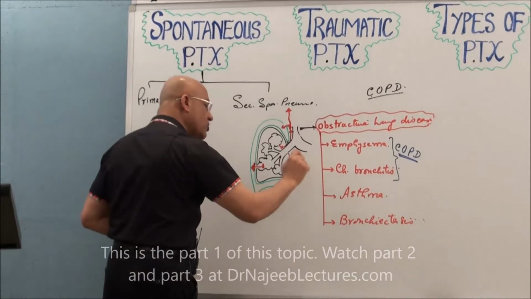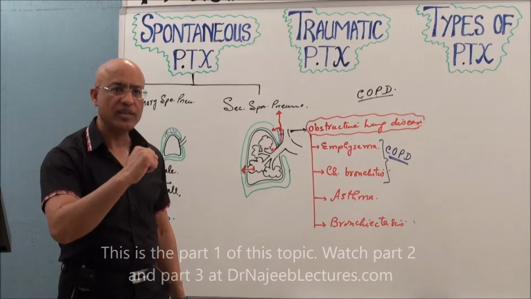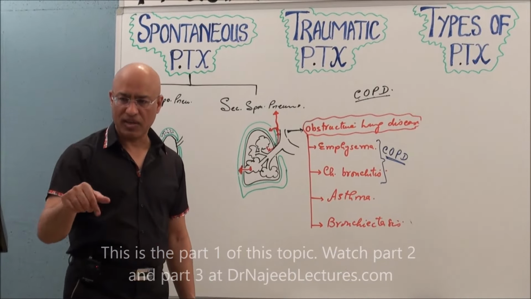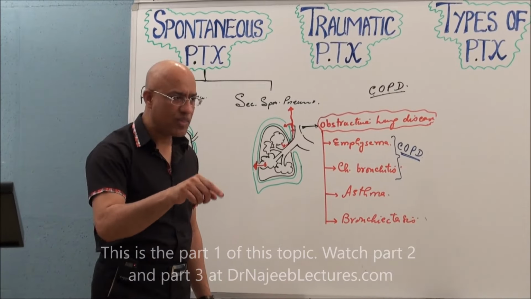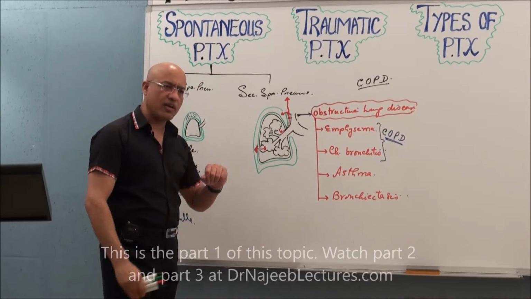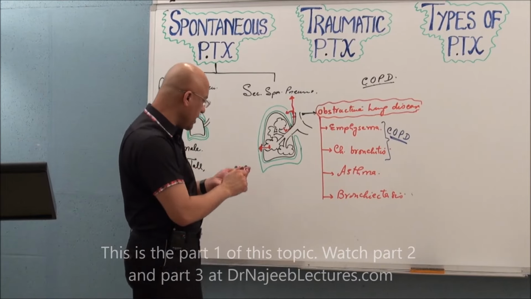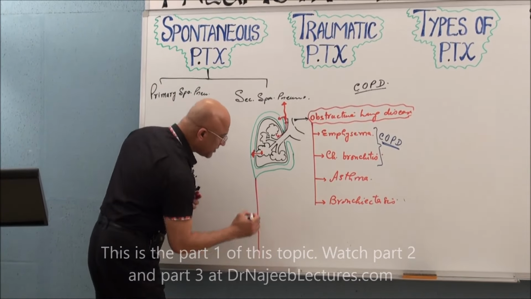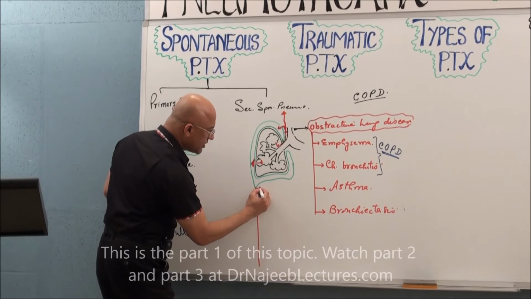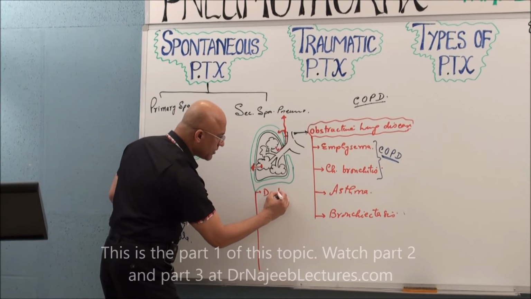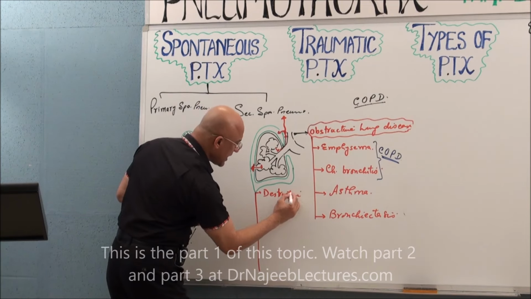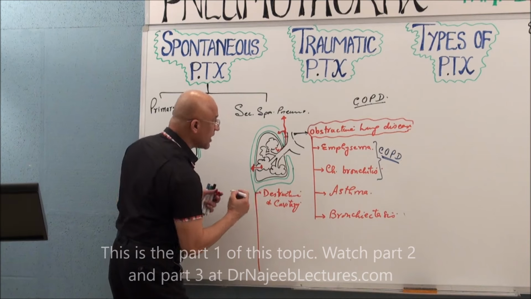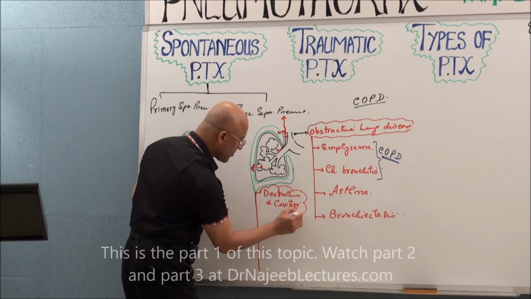They can also produce spontaneous secondary pneumothorax. What could be the other causes? I told what those causes could be: destructive and cavitary pathologies in the lung.